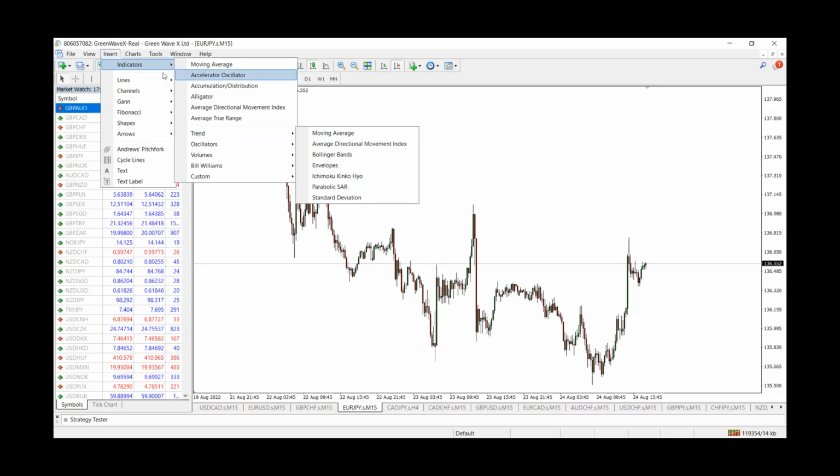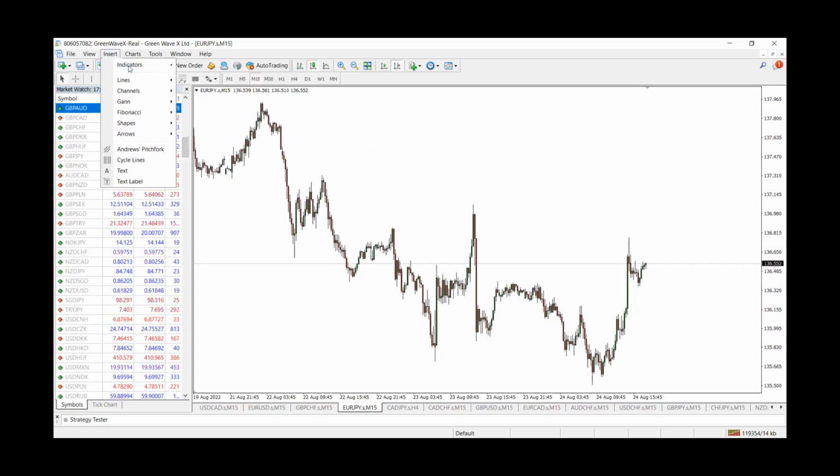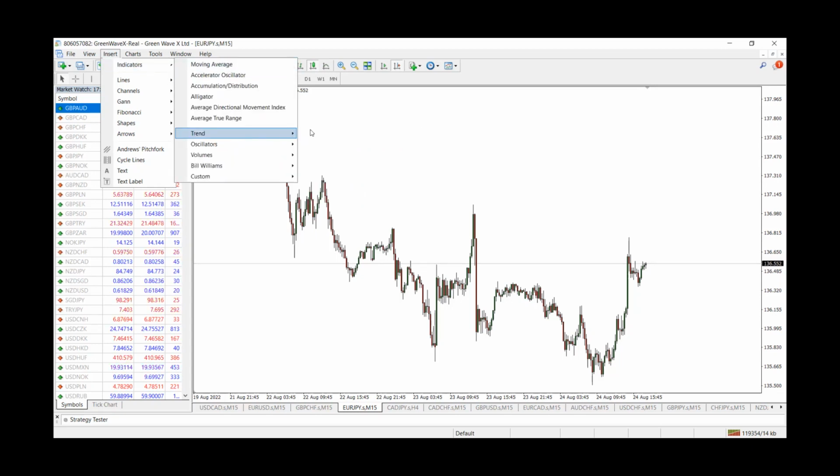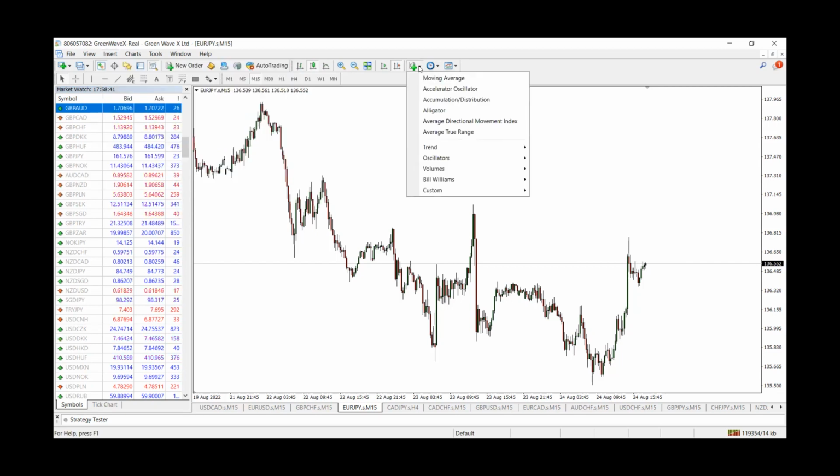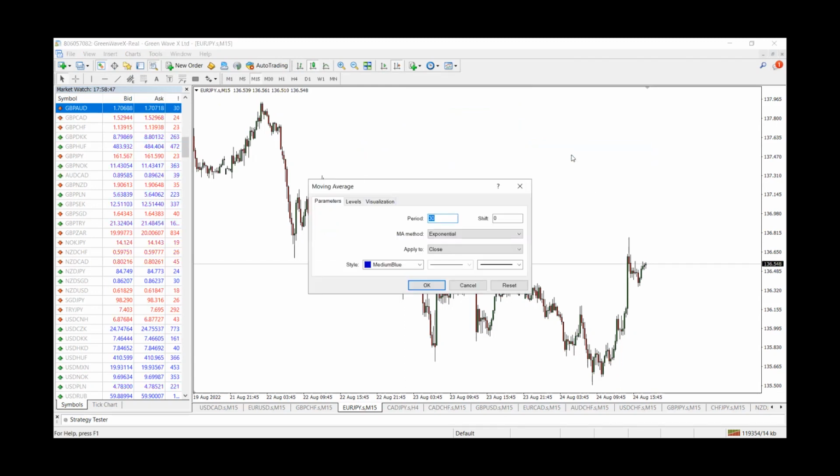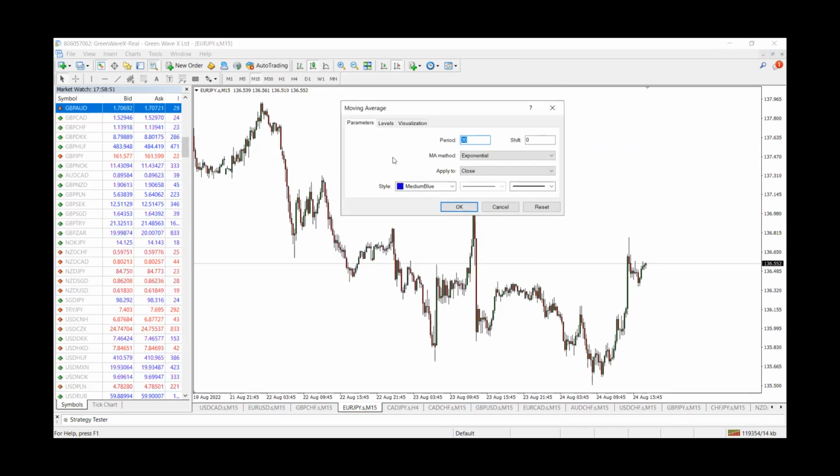So whether you want to get it from insert, indicators, trend, moving average, or from the shortcut here, it's the same thing: trend, moving average. Once you click on it, there's going to be a box.